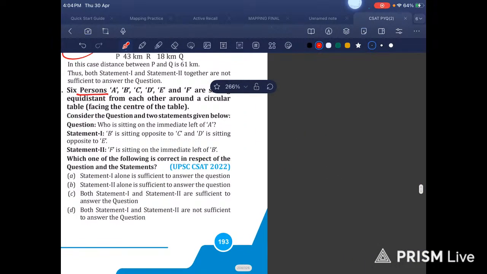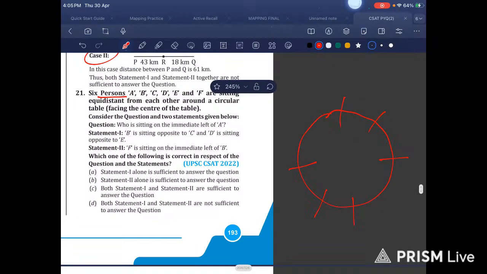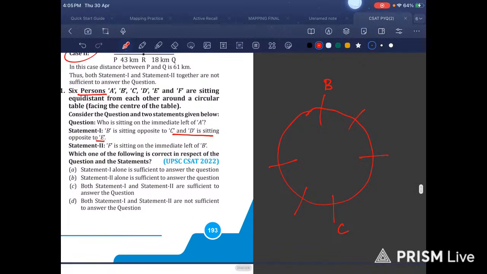If we combine both these statements, six persons, and they are giving us what? B is sitting opposite to C, and D is sitting opposite to E.